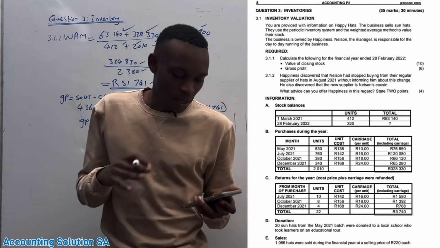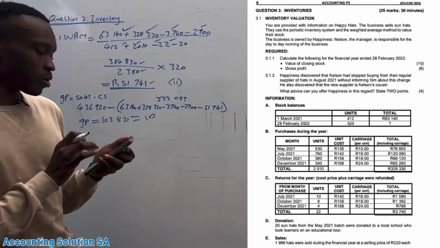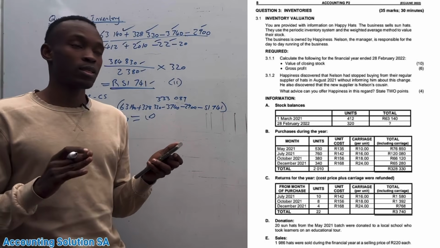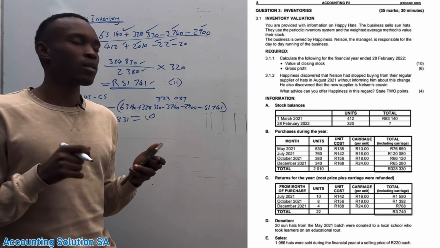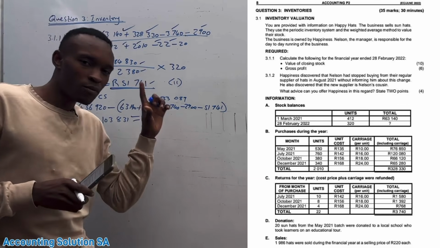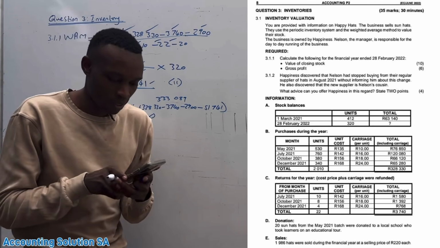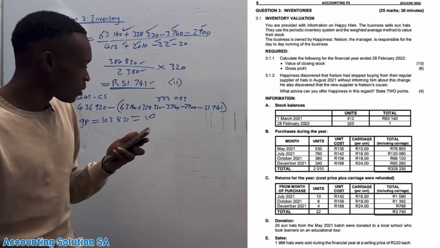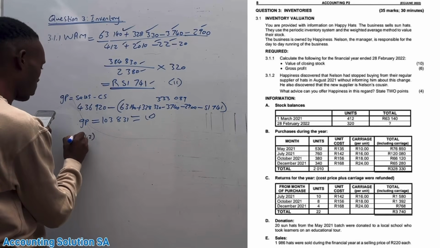Okay, let's proceed. Now we are going to the theory part. I always say this, when it comes to inventory, guys, don't ignore the theory part, because you are just going to do a few calculations and after that they want you to explain something. Okay, 3.1.2.